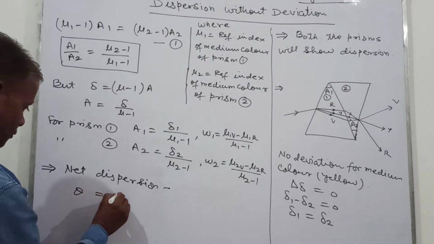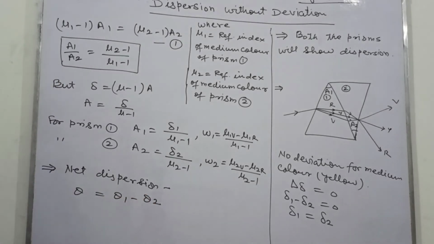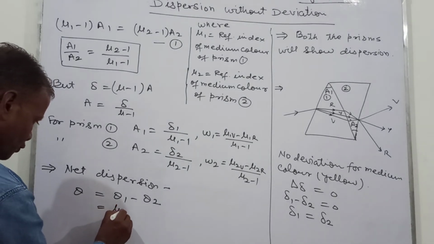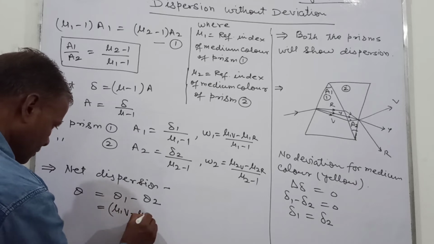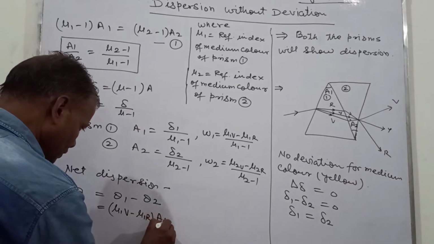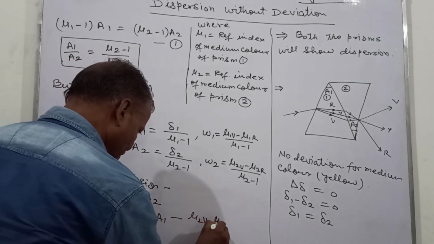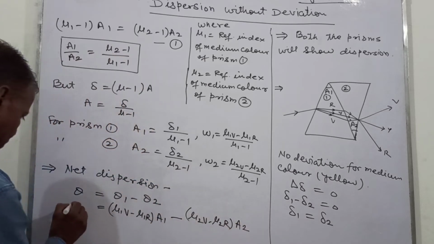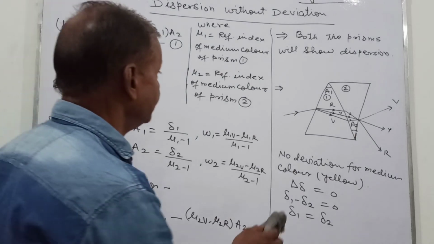So theta is equal to theta 1 minus theta 2, or we can have this equal to mu 1 b minus mu 1 r into a1 minus mu 2 b minus mu 2 r into a2. This is theta, the angular dispersion.